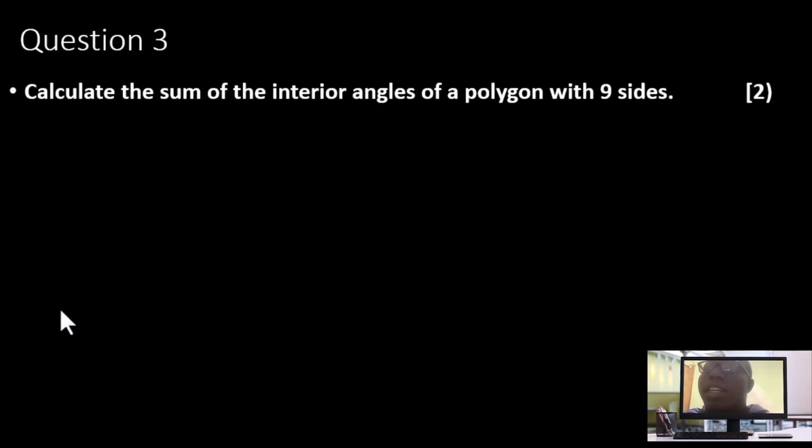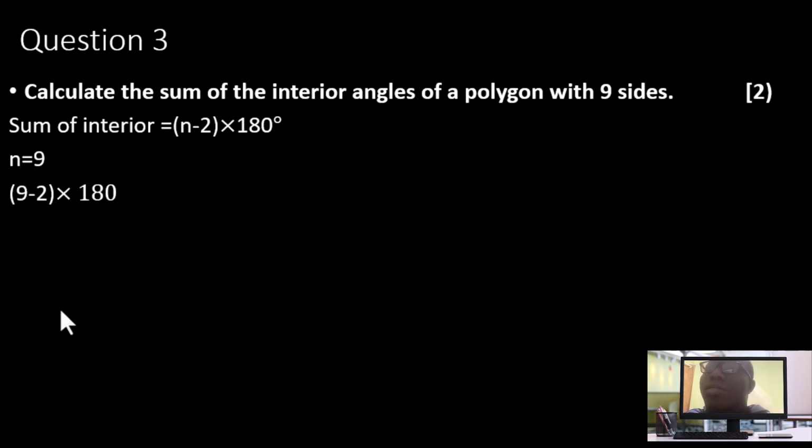Question 3 says calculate the sum of the interior angles of a polygon with 9 sides. How are we going to calculate? We're going to use our formula. The sum of the interior angles is equal to n minus 2 multiplied by 180. In this case, our n is 9, so 9 minus 2 multiplied by 180.